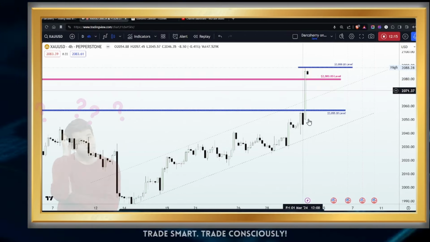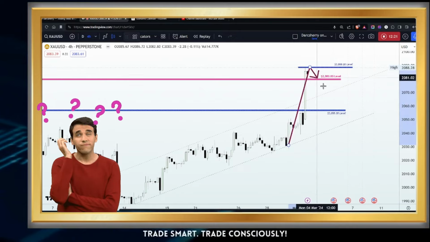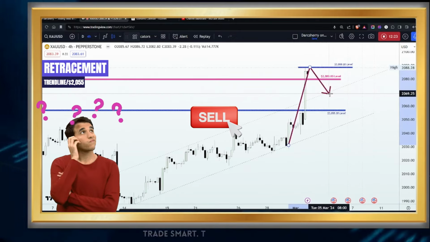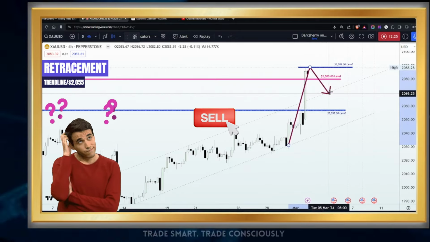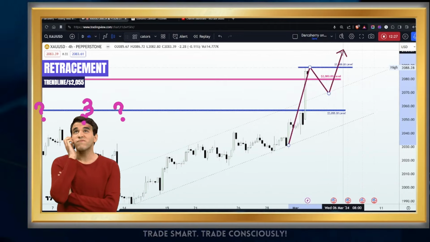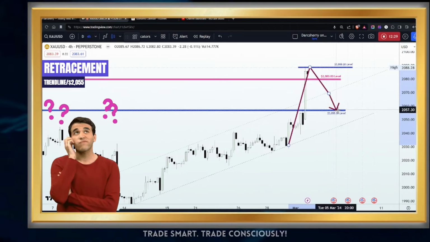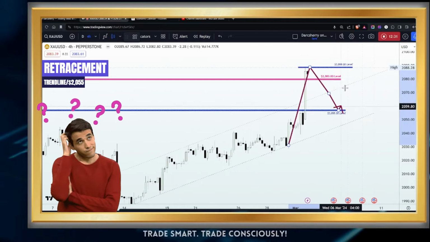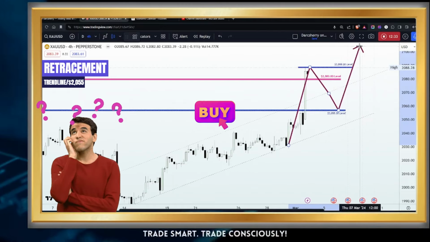Are we going to see a situation where price is going to come back to retest the resistance line of the ascending channel that was broken in an attempt to continue the uptrend, or will price drop into somewhere around the 2055 level before the uptrend scenario happens?